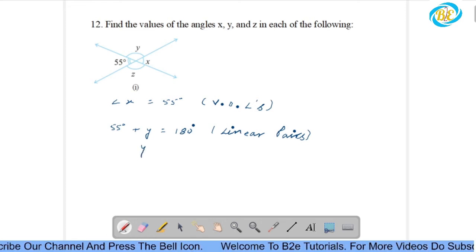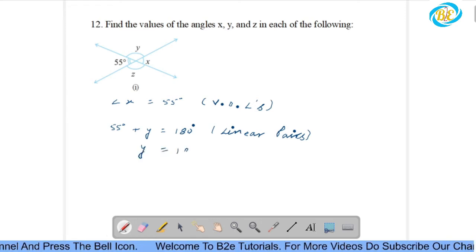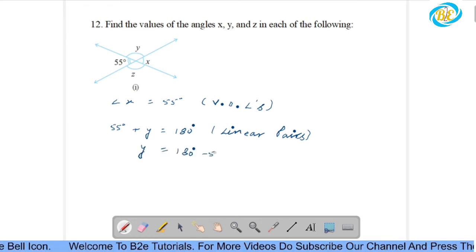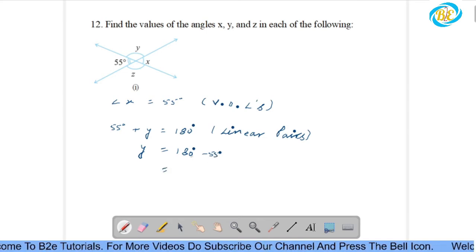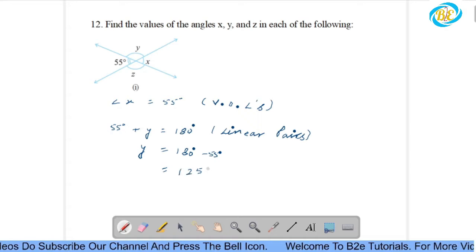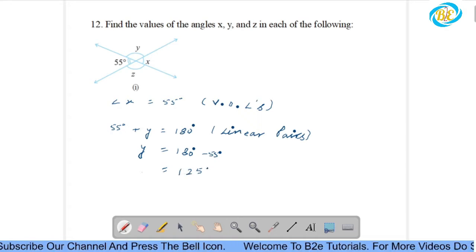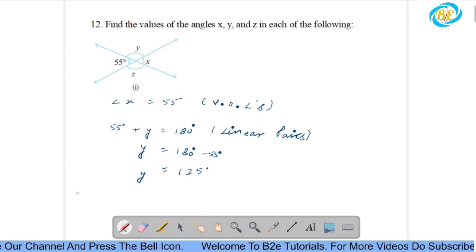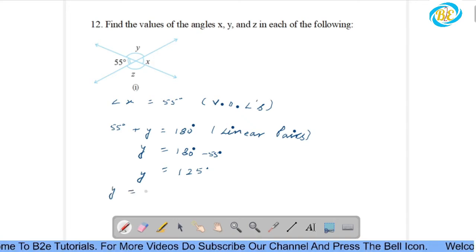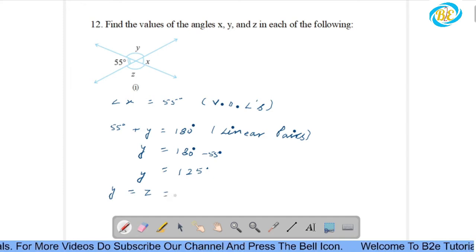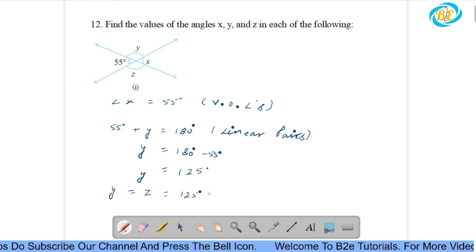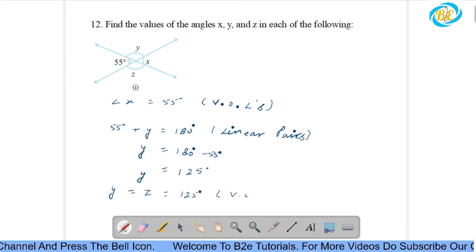Y equal to 180 degree minus 55 degree equal to 125 degree. Therefore y equal to 125 degree. Y equal to z equal to 125 degree, because they are vertically opposite angles.